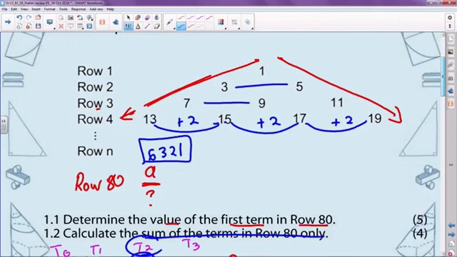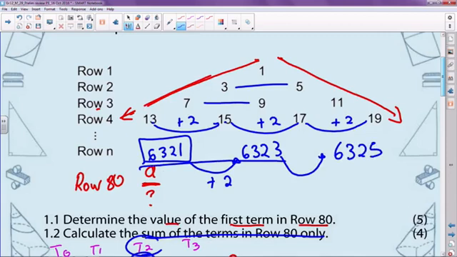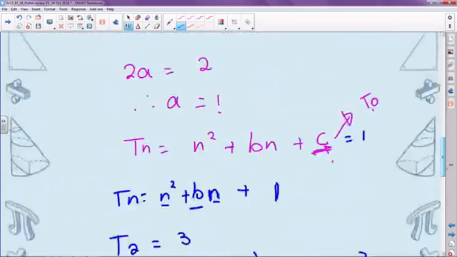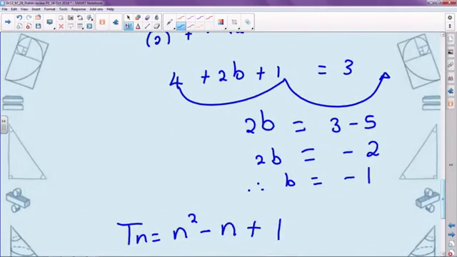So the next term in this sequence in row 80 is going to be add 2 onto this, and we'll get 6,323. And then to get the next term, you add 2 onto that, and you'll get 6,325. This sequence is now an arithmetic sequence. So to calculate the sum of the terms in row 80, I simply use an arithmetic sequence.